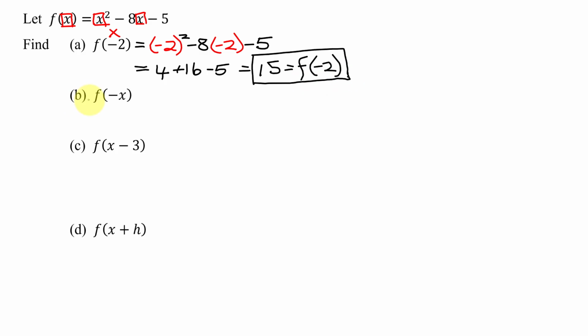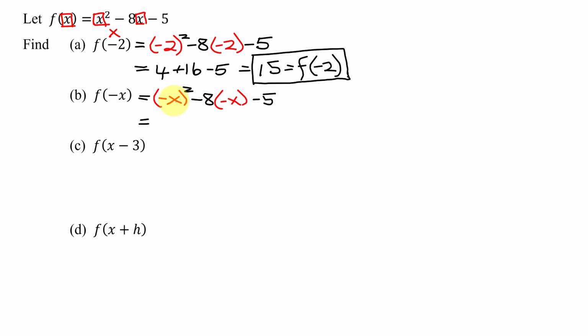In part B, I need to find f at negative x. So what this means is I'm going to take my expression negative x and replace it for every x in the definition of f. So I'm going to get, instead of x squared, it's going to be negative x that I square, minus 8 times, instead of x, I'm going to have negative x, and finally minus 5.